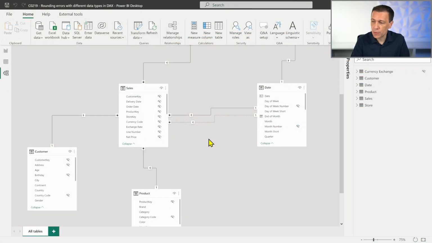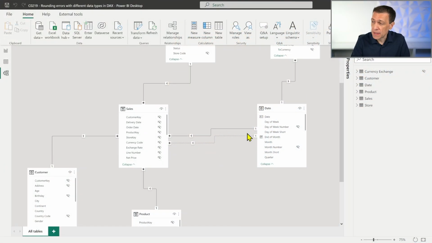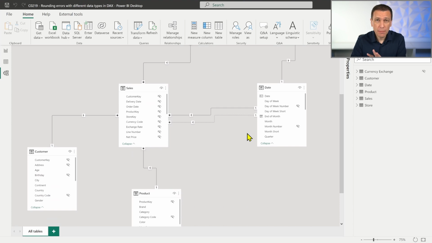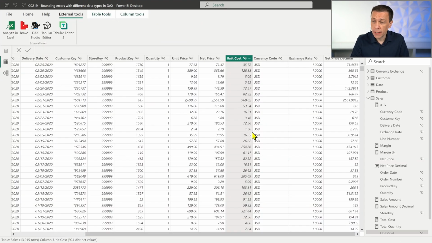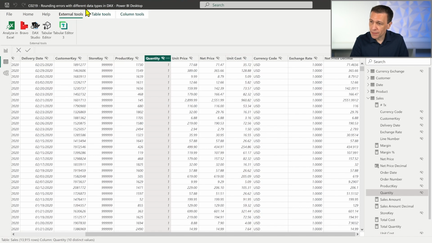So we're going to see several examples using our classical Contoso database that we see in this diagram. There is nothing particular here, but I want to point your attention to a few elements: the fact that we have columns of different data types. We have the quantity. Let's take a look at the data type of the column.